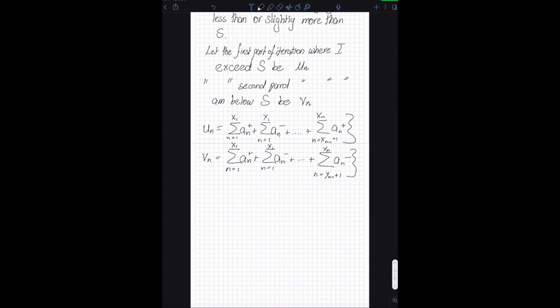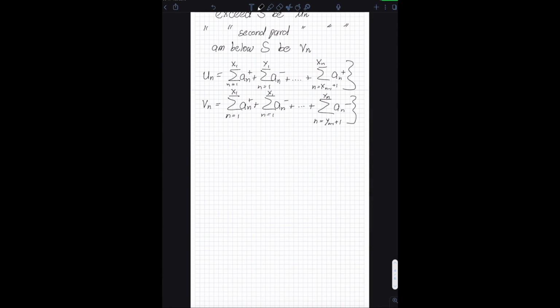But the more important thing to notice over here is that in each step, u of n or v of n is going to differ from s by at most a of xn plus or a of yn negative.